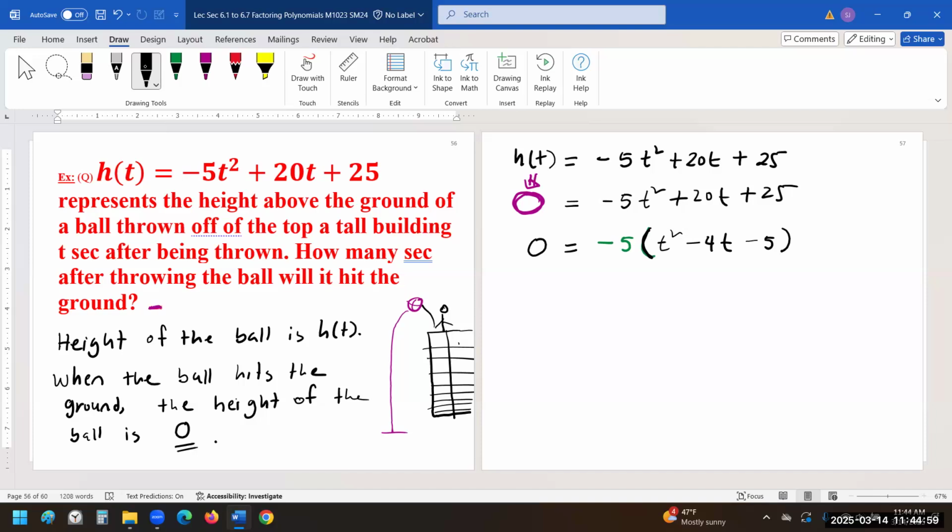The negative 5 we factored out, does it have any t next to that? It doesn't. Remember, I said yesterday, anytime you don't have a variable, that number is useless. So we don't want that number. So you divide both sides by negative 5. So you get 0 equals t squared minus 4t minus 5.